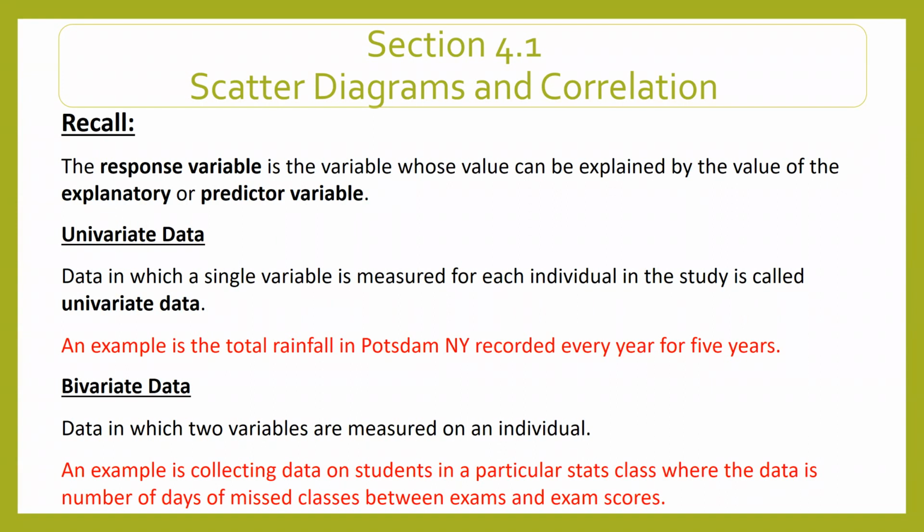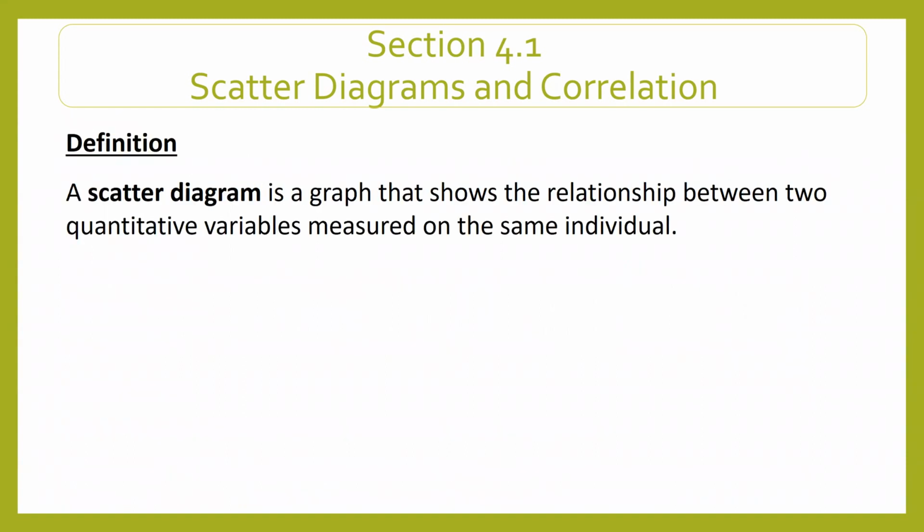So we are looking at a particular student and we're comparing how many days he has missed class compared to the score he or she gets in the exam. So we say this is bivariate data after collecting such.